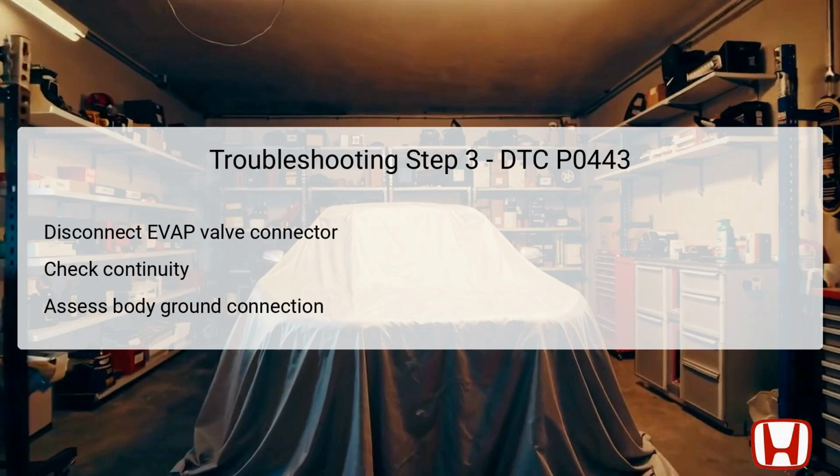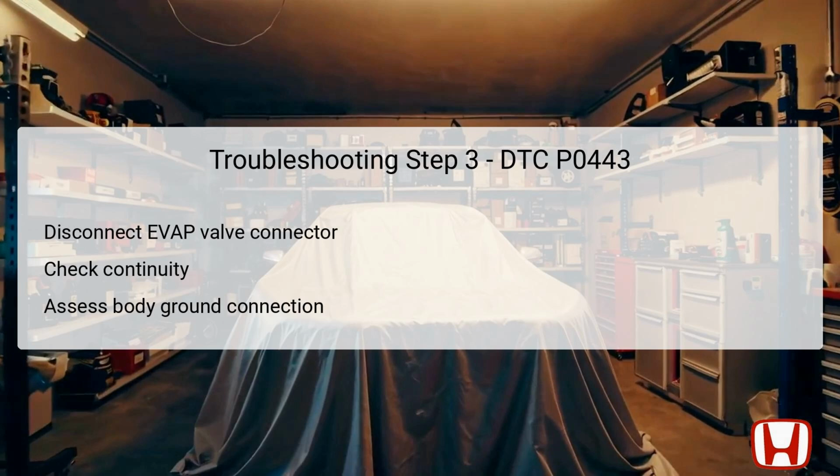In this step, the objective is to assess the electrical integrity of the EVAP Canister Purge valve circuit. Begin by turning the vehicle to the off position and disconnecting the EVAP Canister Purge valve's 2P connector. This allows for accurate testing of continuity. Use a multimeter to check for continuity between test points, specifically terminal number 2 of the connector and a solid body ground.